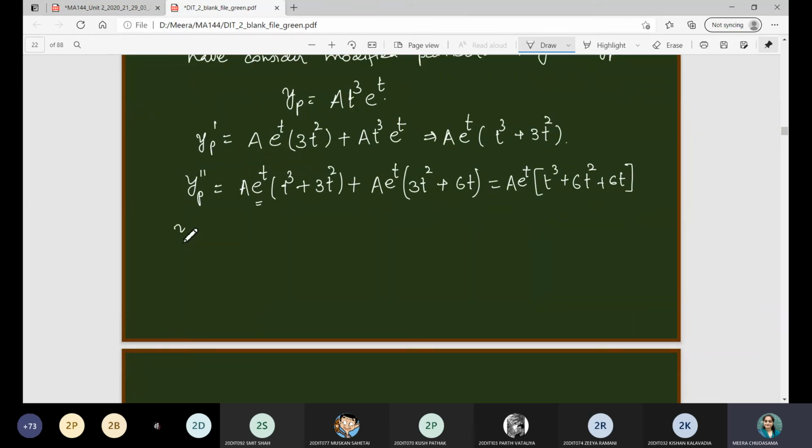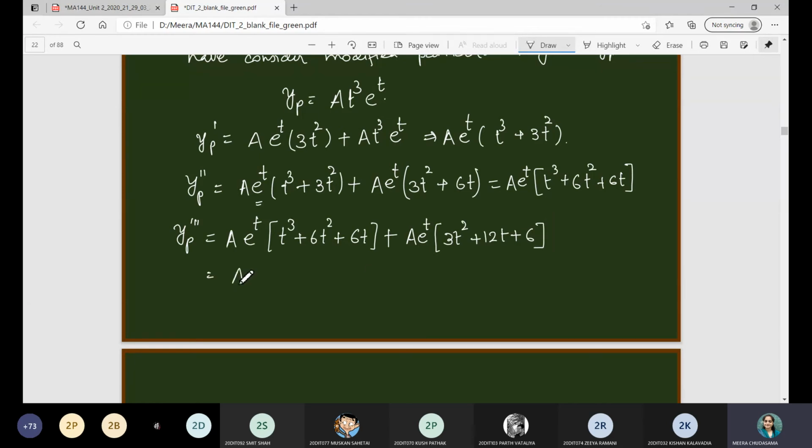Now third order derivative, so yp triple dash, so a, derivative of e raised to t is e raised to t, bracket as it is, that is t cube plus 6t square plus 6t, plus a e raised to t into derivative of the bracket, so it is 3t square plus 12t plus 6.